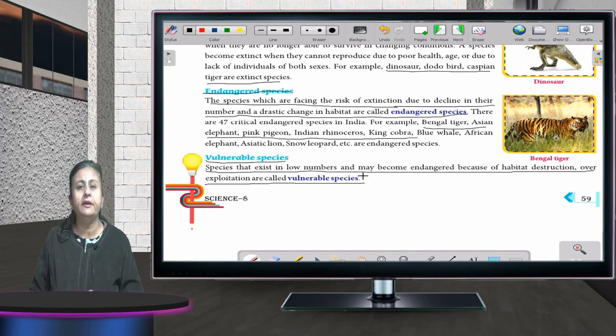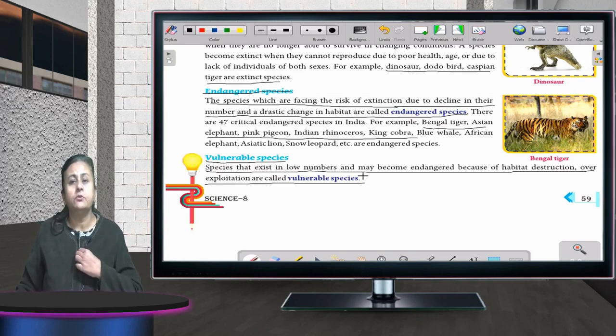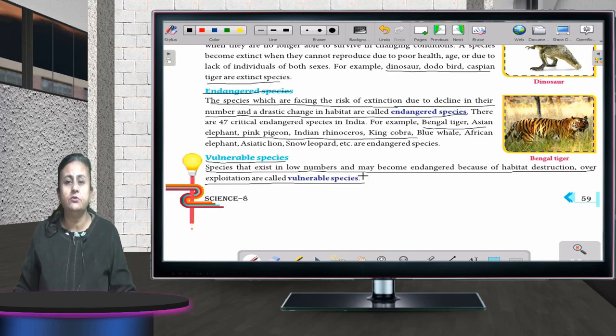Although they are there, they are in low number. And they are also going to be extinct soon, because man is causing harm to nature, and for his own personal selfish motive, he is causing harm to them.